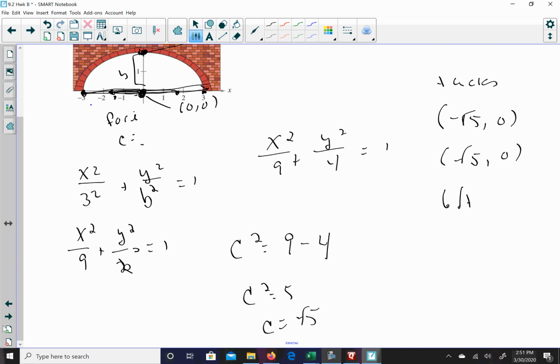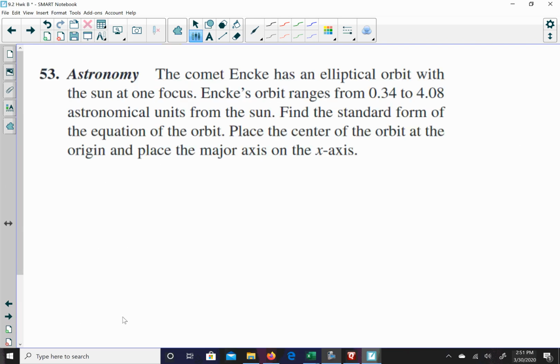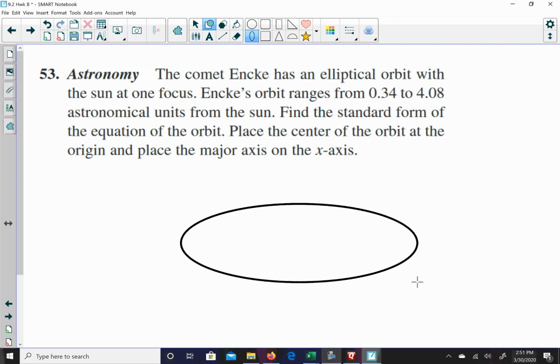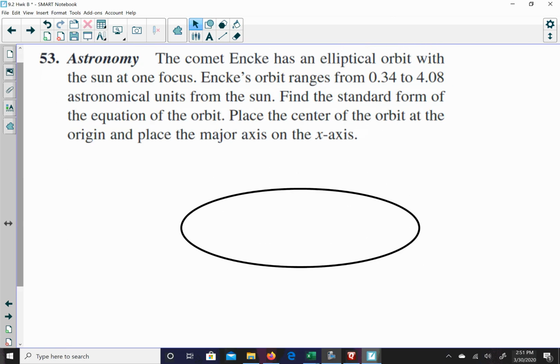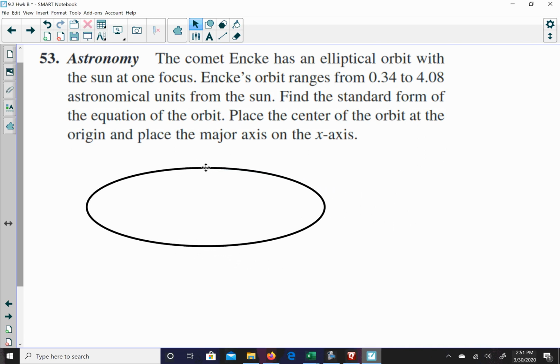Moving on. Last one. So I have this comet, and it has an elliptical orbit, and I am going to cheat and draw an ellipse-looking shape, and that's going to be the path of my comet here. And it tells me that the sun is one of the foci.